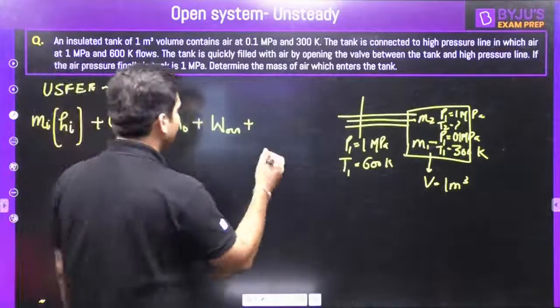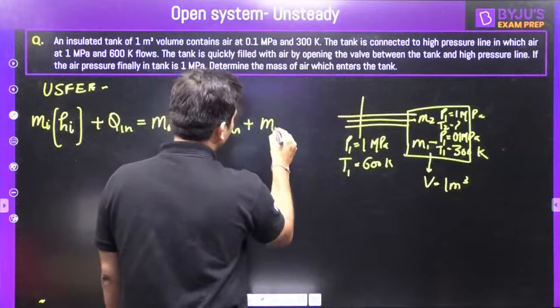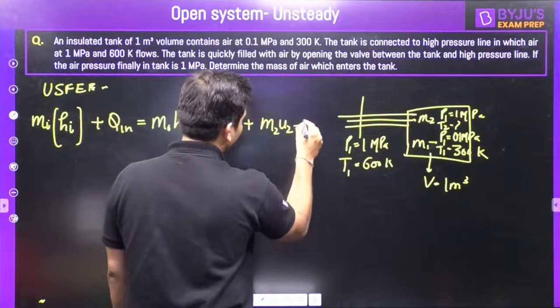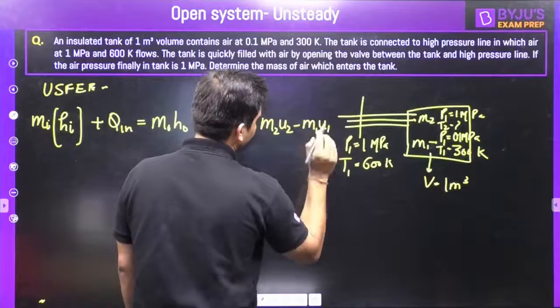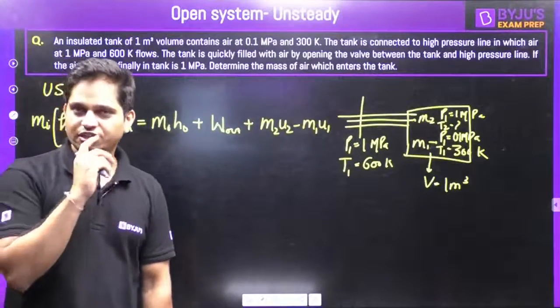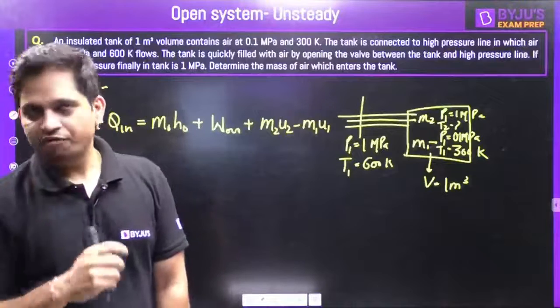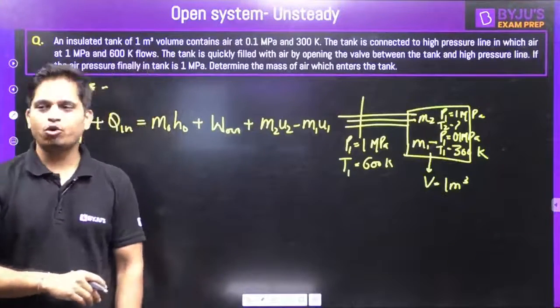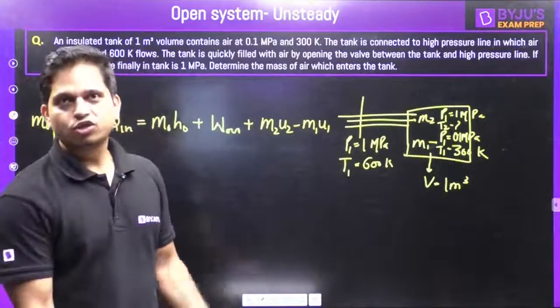So M2 U2 minus M1 U1. I have neglected the kinetic and potential energies everywhere. So this equation is left.